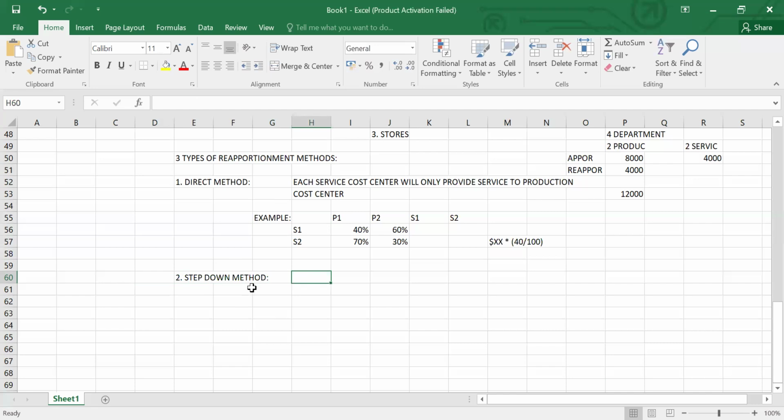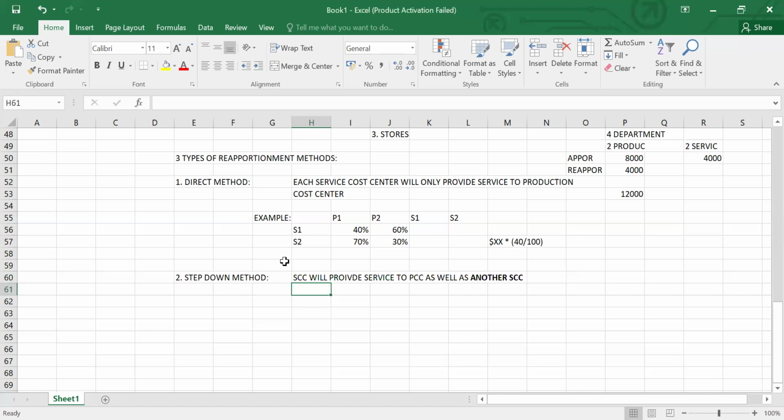At FMA level, it's like this: a service cost center will provide service to production cost center as well as another service cost center.